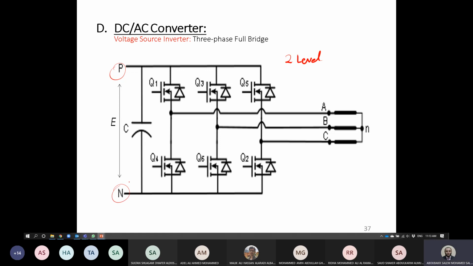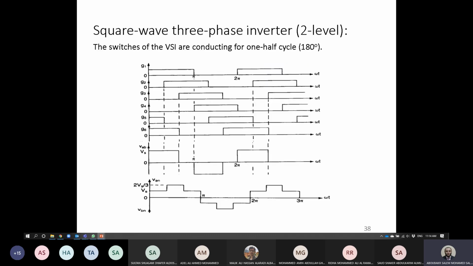We may have different circuits with many levels, just by splitting this DC on capacitors. So we will have some other midpoints between capacitors, which can be used in order to achieve many levels of voltage, which is called the multi-level inverter. But now this circuit is considered a two-level inverter.